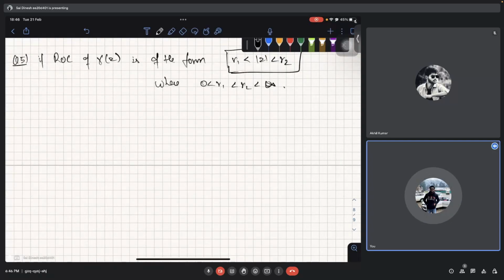So what he's saying is, this is the ROC that we have. There is an R1, then there is an R2.